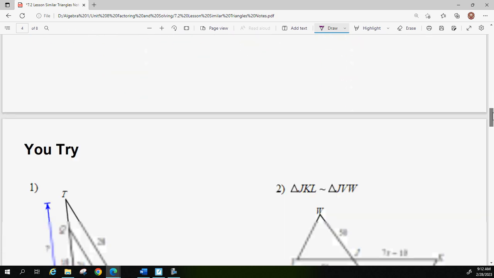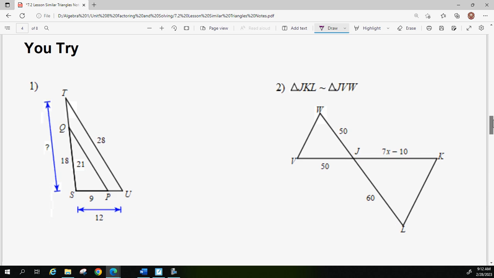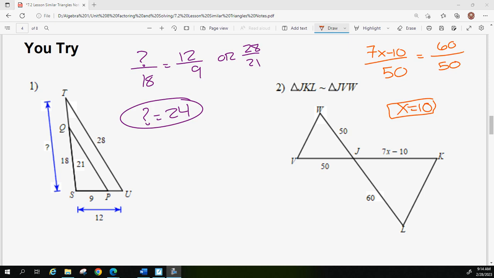So as ever, if you have questions before you do the U-Try problems, please do ask the questions. If you feel ready and prepared and confident going forward, you should try these two and then check your answer. So check your answers here.